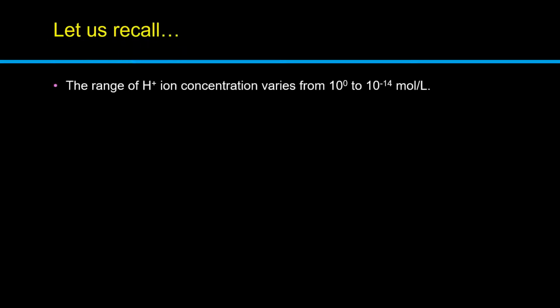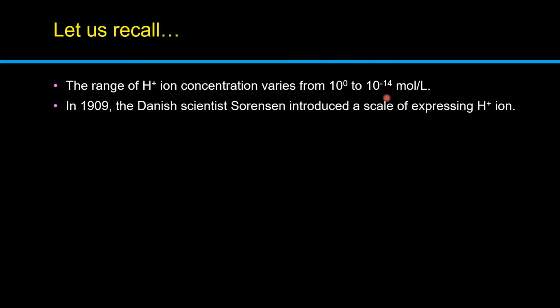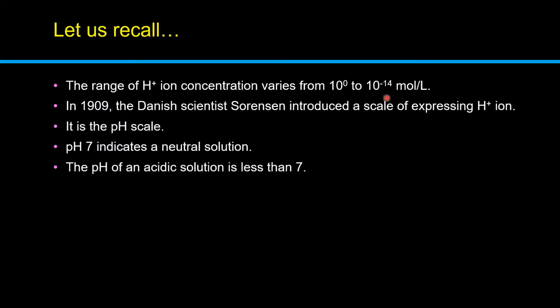The range of H plus ion concentration varies from 10 to the power 0 to 10 to the power minus 14 moles per liter. In 1909, the Danish scientist Sorensen introduced a scale of expressing this H plus ion concentration. It is the pH scale. pH 7 indicates a neutral solution. The pH of an acidic solution is less than 7.